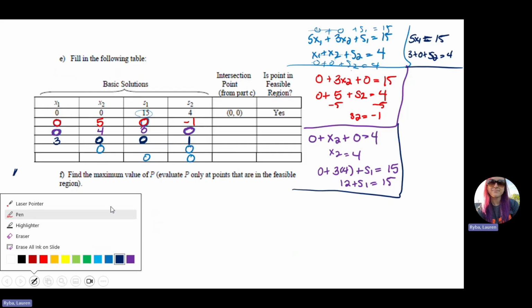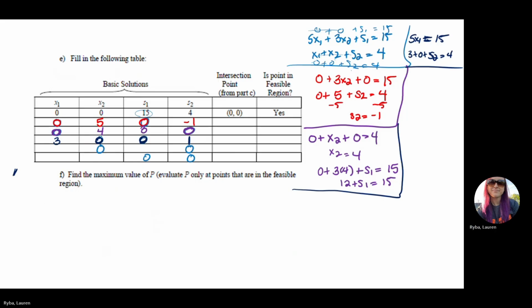All right, we got 2 more pairs to check. So x2 with s2. I'm going to use the second equation because that one has s2 in it. So let's see, x2 is 0, so x1 plus 0 equals 4. So x1 is 4.